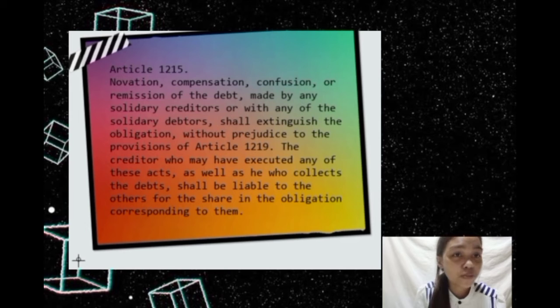So, in compensation, if the compensation is total, the obligation is totally extinguished. For example, I will only give the example of the book. Jad and Princess are solidary debtors of Kate and Dayan, solidary creditors of 500 pesos.